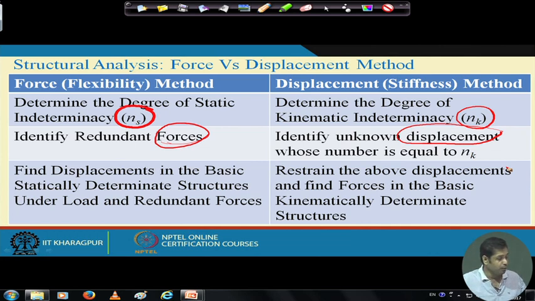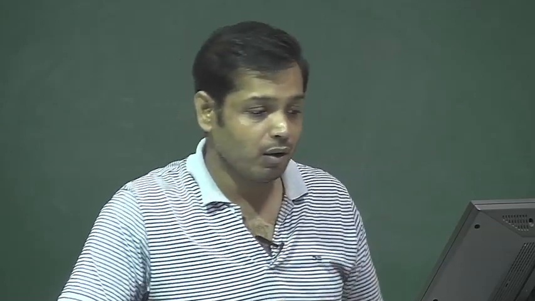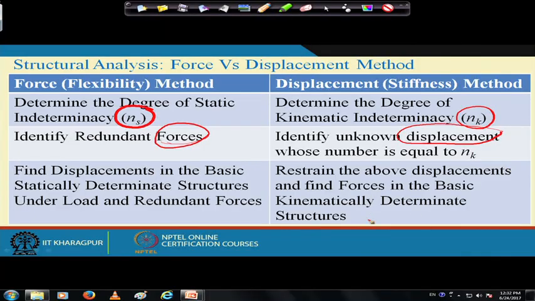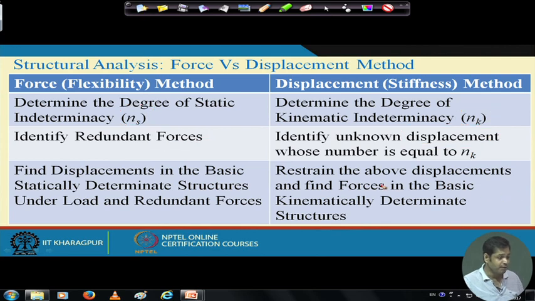When we divide the structure in the force based method, we need to ensure that all those primary structures, the basic structures, are statically determinate. And in the displacement method, when we divide the structure into small substructures, we need to ensure that all these small substructures are kinematically determinate.